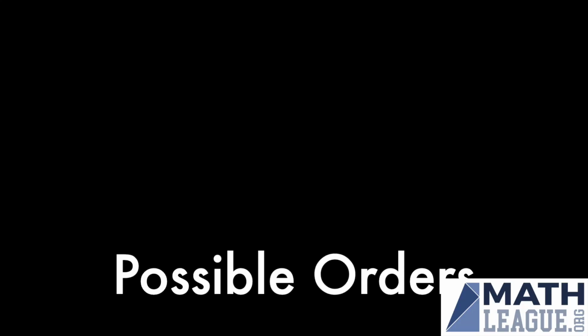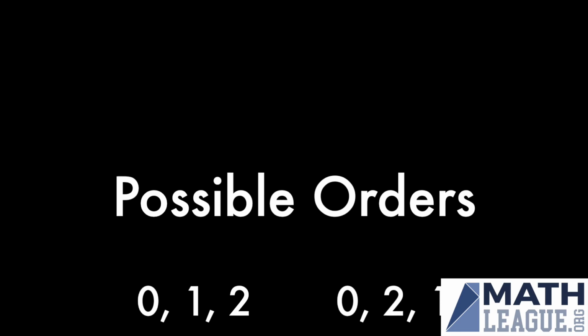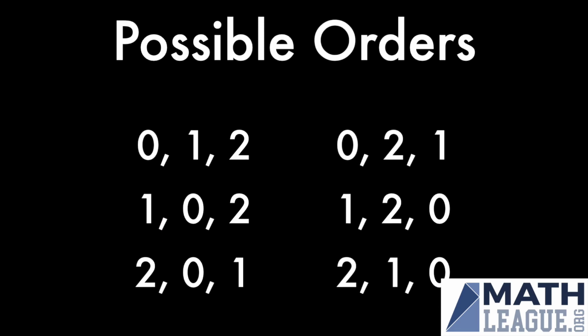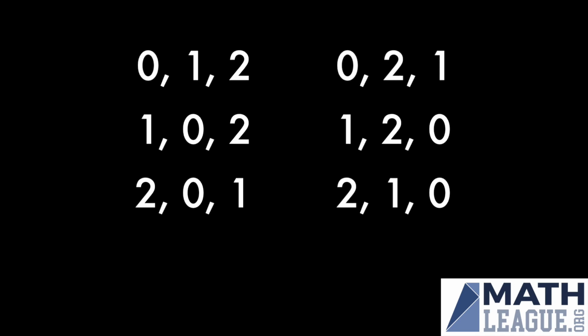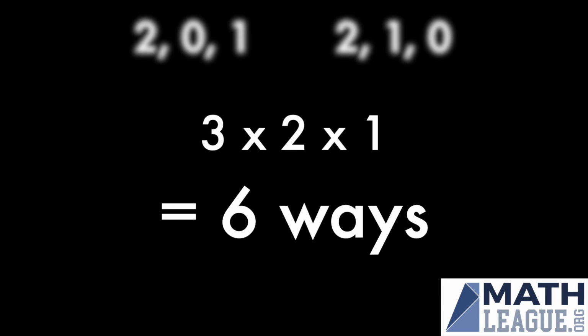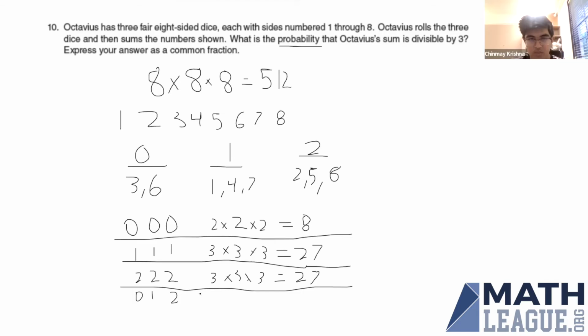So then this final case, 0, 1, and 2. One thing we need to notice is that it can be in any order. It could be 0, 2, 1, or 0, 1, 2, or it could start with 1, 0, 2, or 1, 2, 0. There are 6 ways to rearrange these 3 numbers, so we need to multiply what we get by 6.